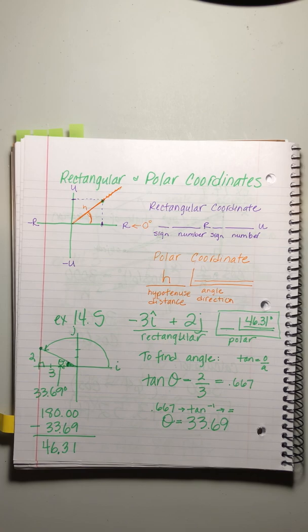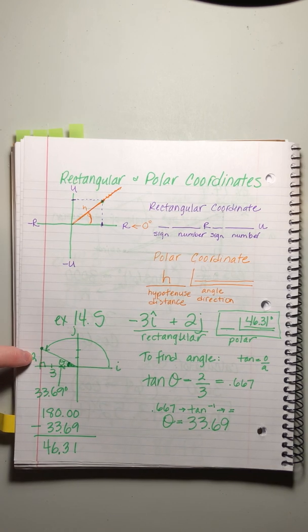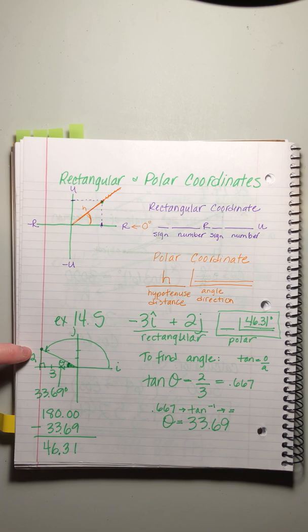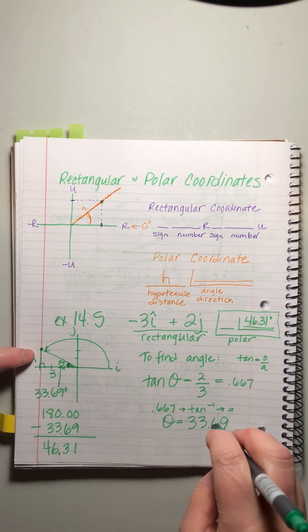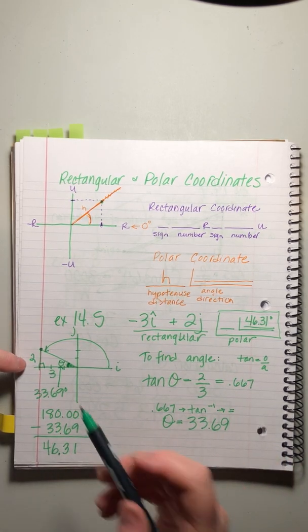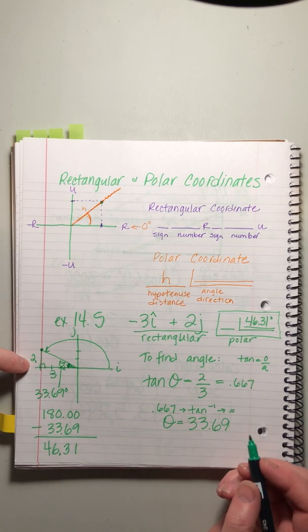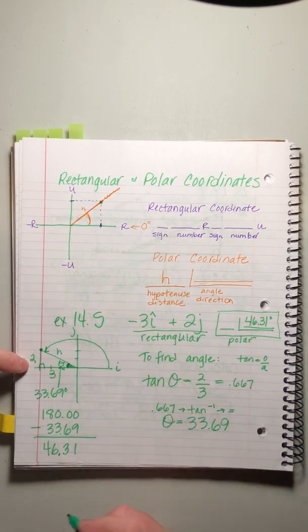All right? That's cool. We got the angle. Now we have to find the length of the hypotenuse. Now, we could use one of our other trig functions because now we know the angle. But we can just use the little Pythagorean theorem, right? This is h. I'll call the hypotenuse h.